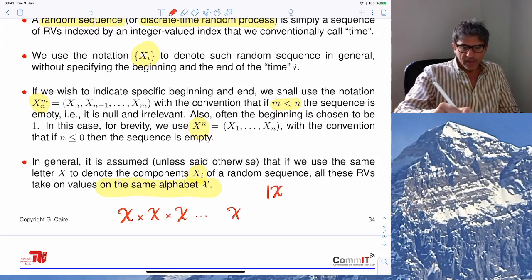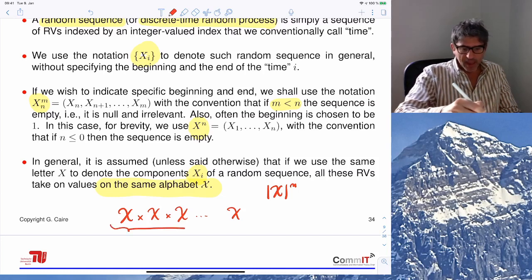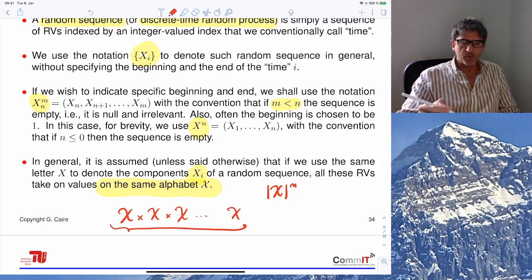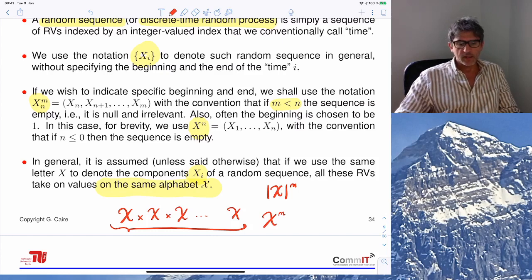Well, it's the cardinality of X to the n, right? And that's it. Always, the n-fold Cartesian product of an alphabet by itself is indicated as X alphabet to the n. Okay, this means the n-fold Cartesian product of X by itself n times.